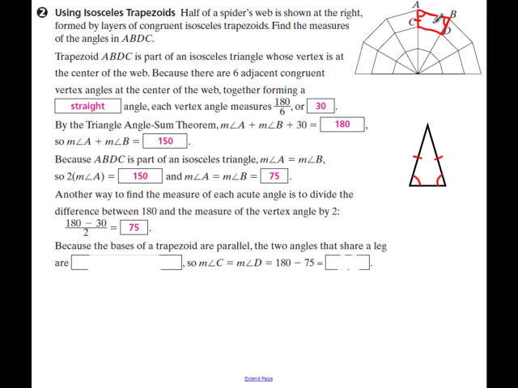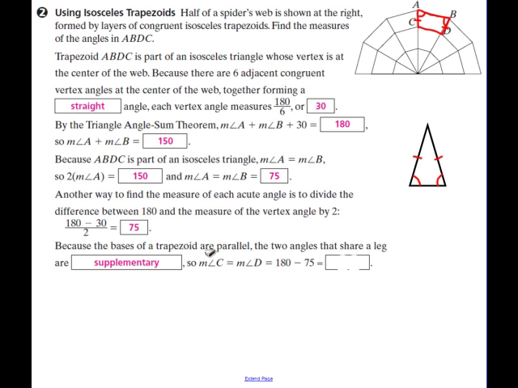And we said that these are all isosceles trapezoids where the 2 legs are congruent. So we know that in an isosceles trapezoid, the 2 angles that share the leg are going to be supplementary. And that's actually in any trapezoid, not just isosceles. But in this case, we do have isosceles.